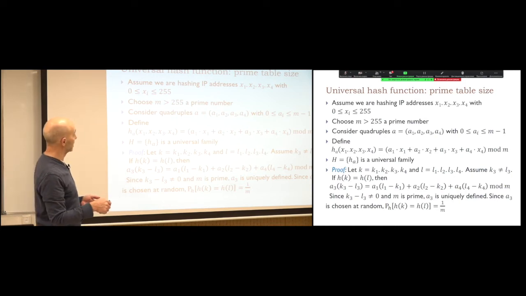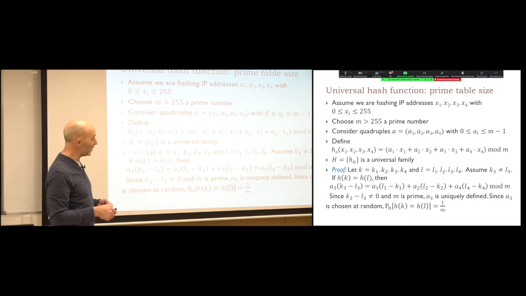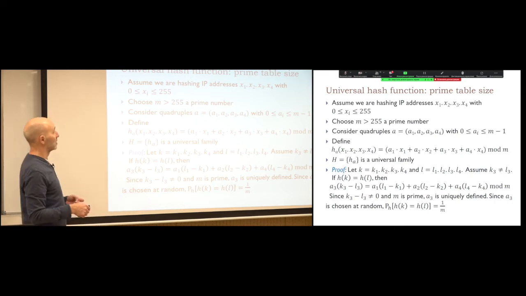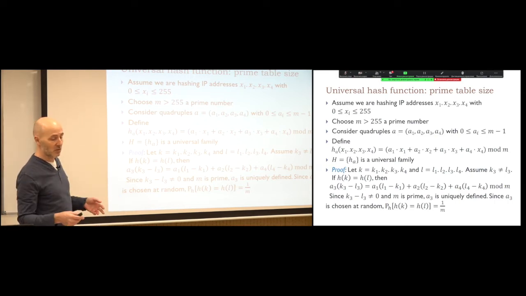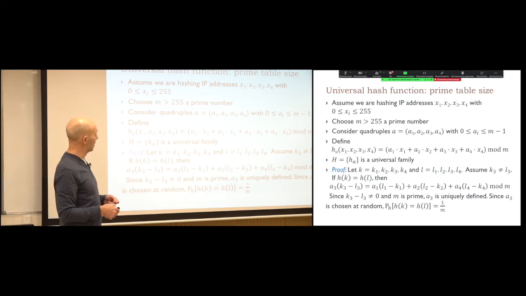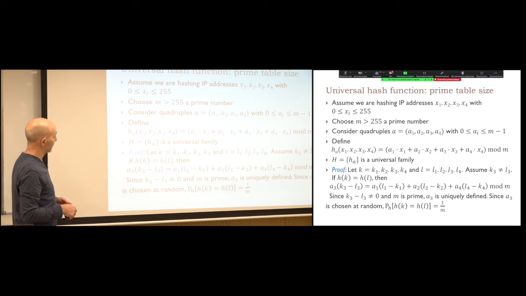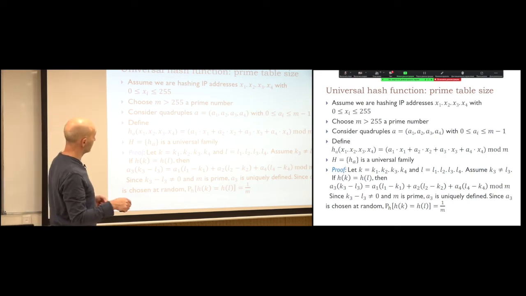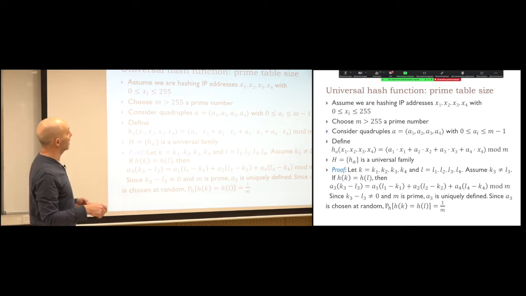Here I give an example of IP addresses, but this is just for the purpose of an example, and the construction is more general. So assume we are hashing IP addresses. An IP address is a quadruple of numbers between 0 and 255.